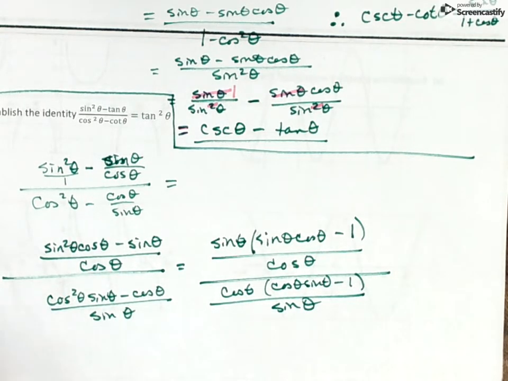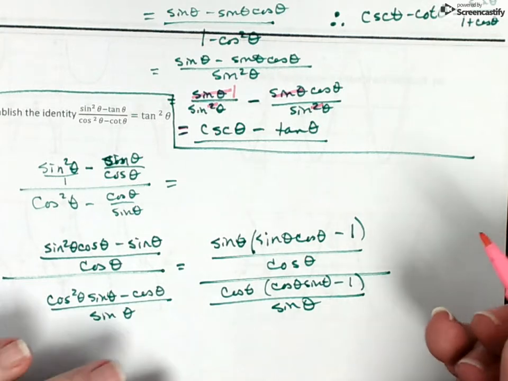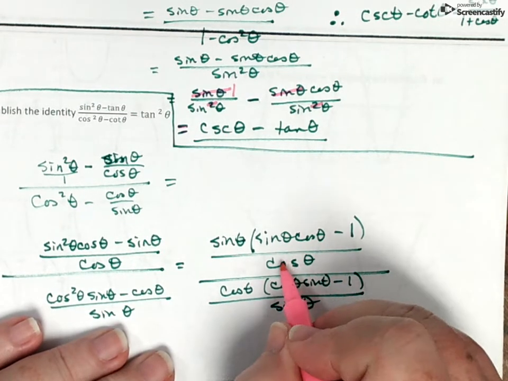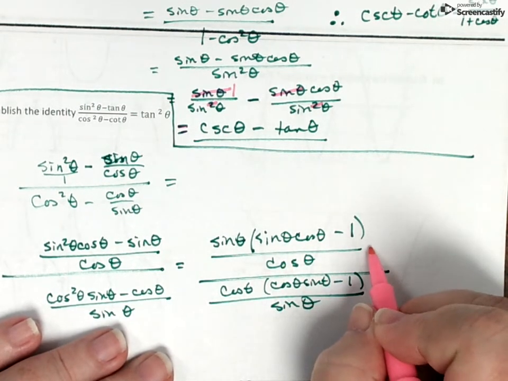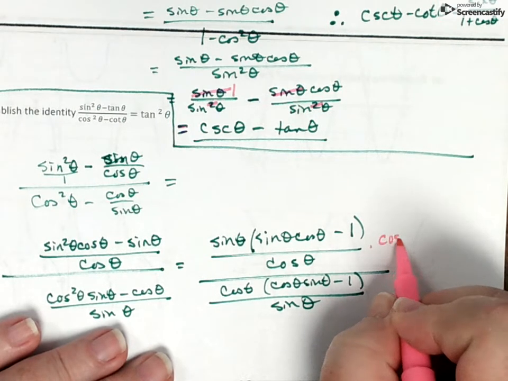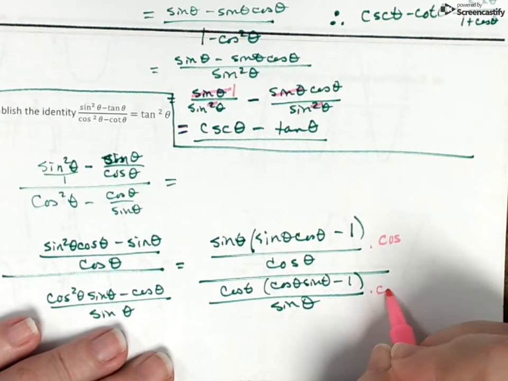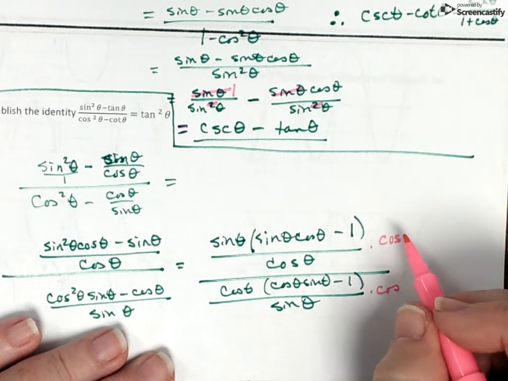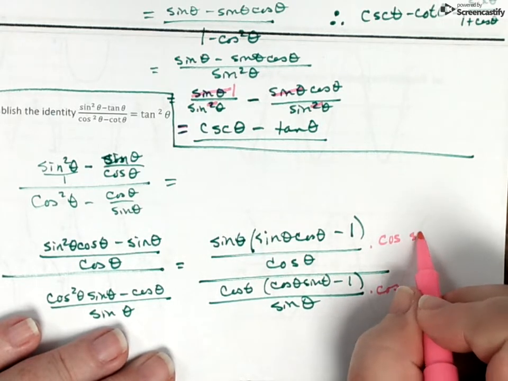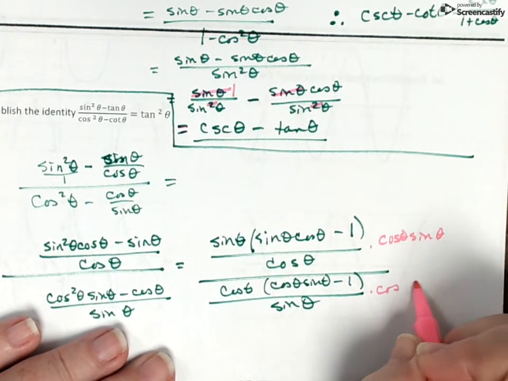Okay, I've got multiply top and bottom by cosine, multiply top and bottom by sine.